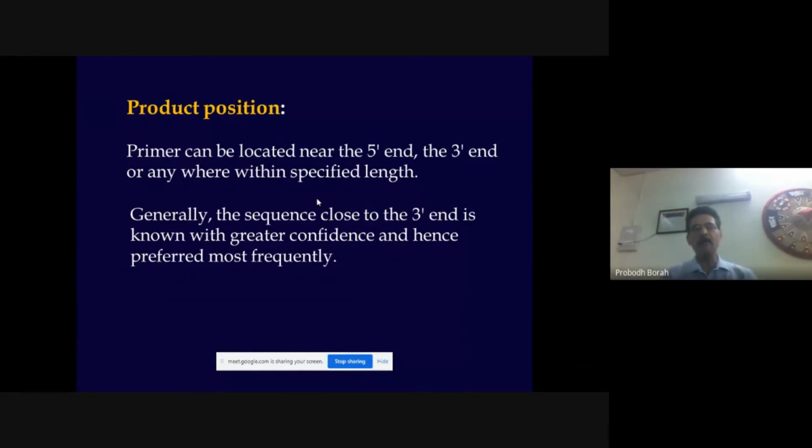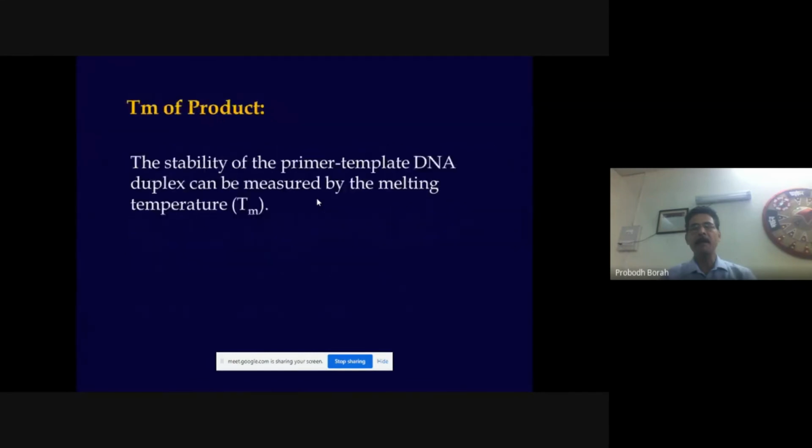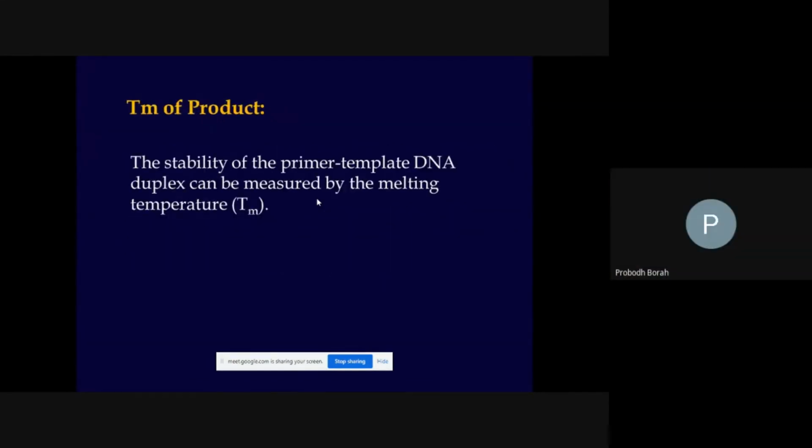This is only a statement based on statistical evaluation. Conventionally, it is followed by many workers, but there is no logic in support of this. So you may design primers targeting any part of the sequence.